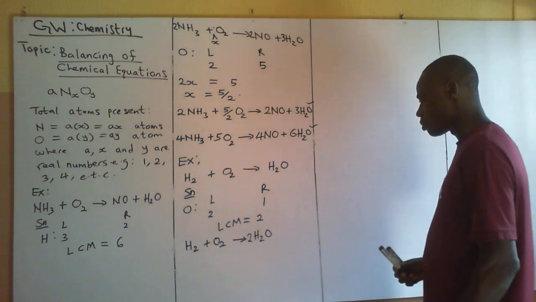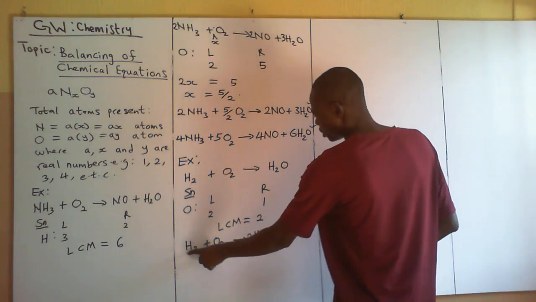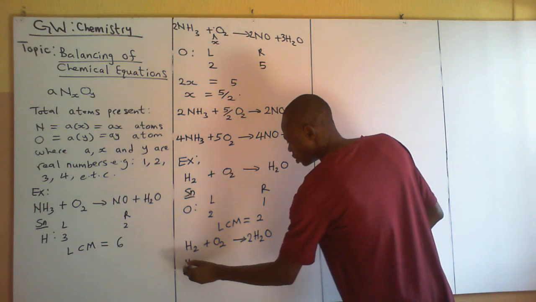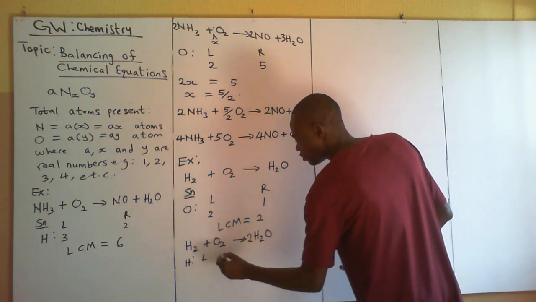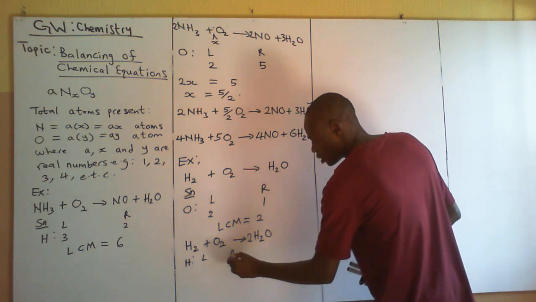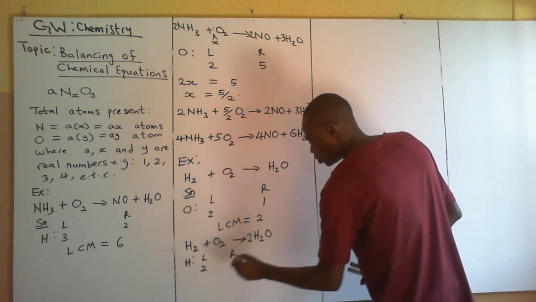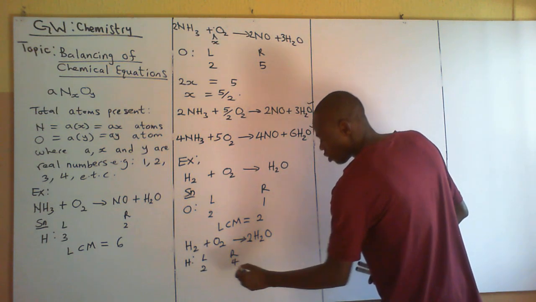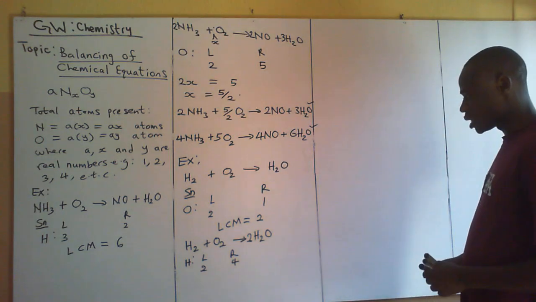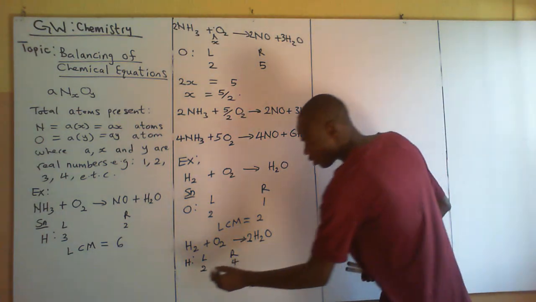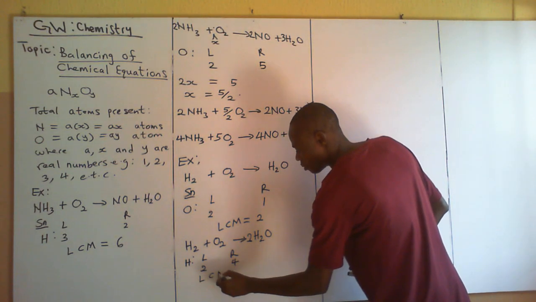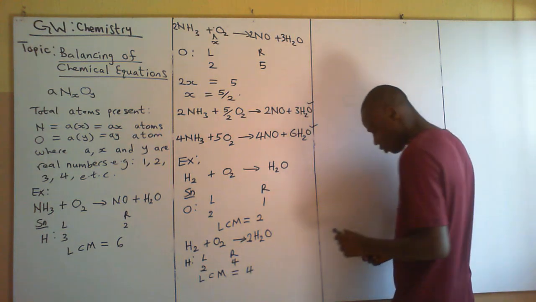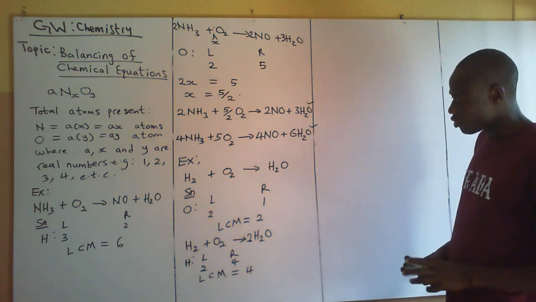Now, hydrogen. If you look at hydrogen now, hydrogen here is 2, hydrogen here is 4. Hydrogen, left, right: 2 and 2 times 2, 4. It means that the LCM of 2 and 4 is 4.